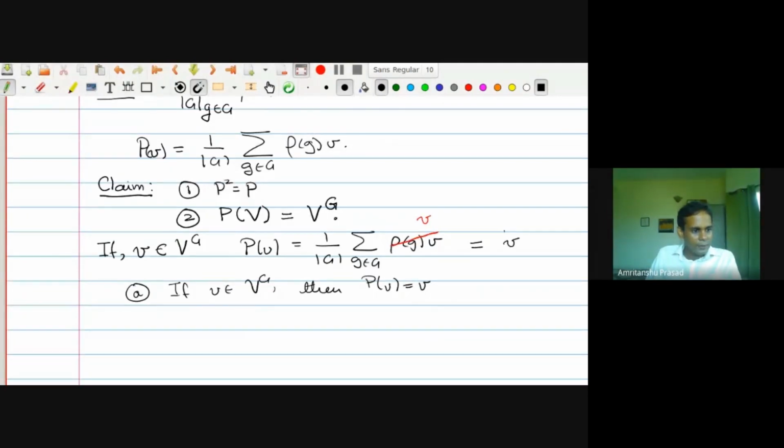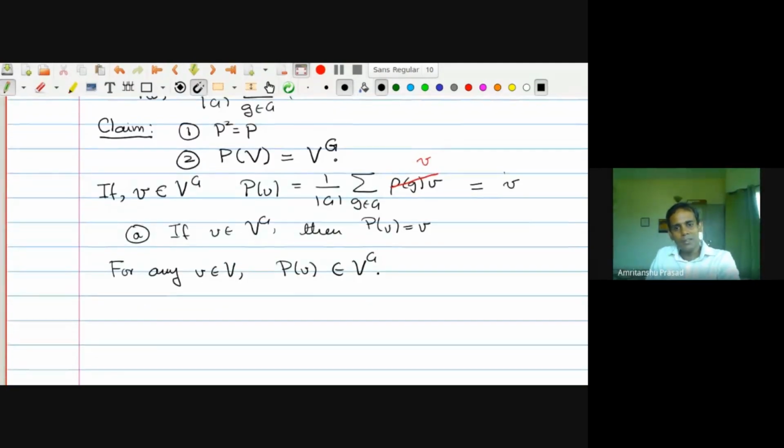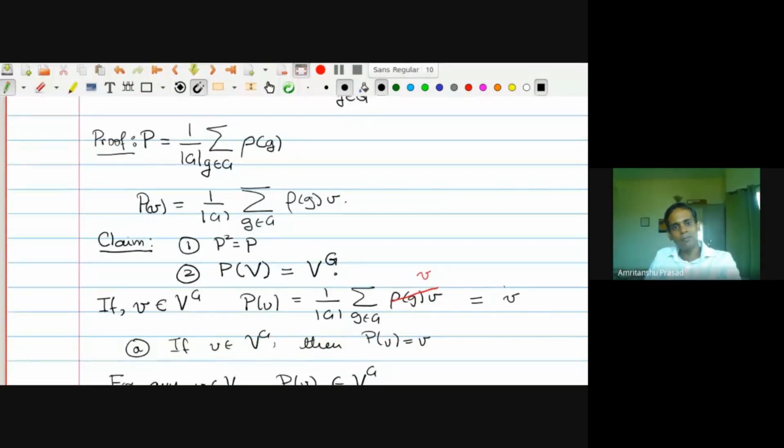And the second point is that for any v in V, Pv is invariant: Pv belongs to V^G. Let's see that. This is where the averaging is going to play an important role. We want to see that Pv is in V^G, so we want to show that rho(g) of Pv is equal to Pv. Let's just expand this out. So this is rho(g), and the definition of P is averaging of rho.